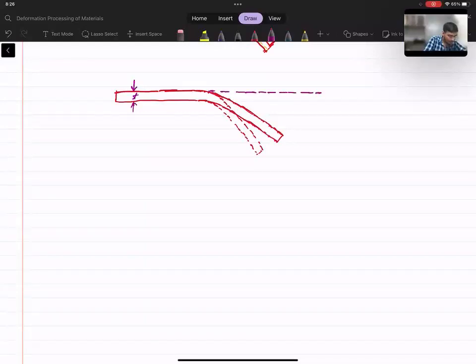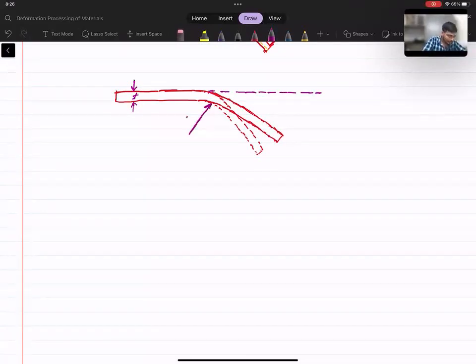Okay. So let us denote the dotted one by R naught. For this dotted one, say the radius will be a little bit shorter.